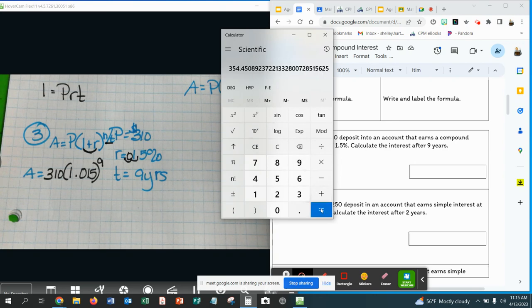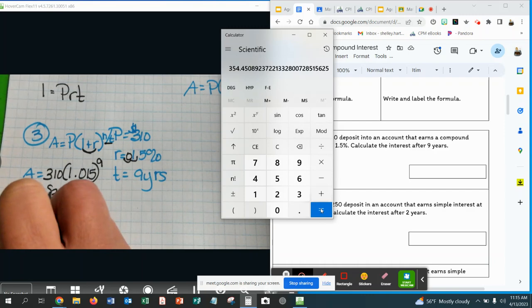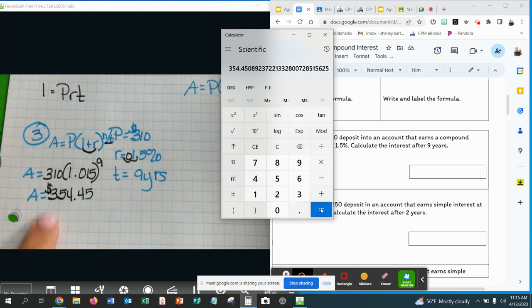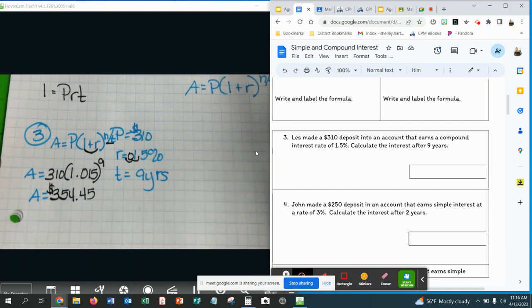My total is A equals 354.45. So our total is $354.45, or $44 of interest over 9 years.